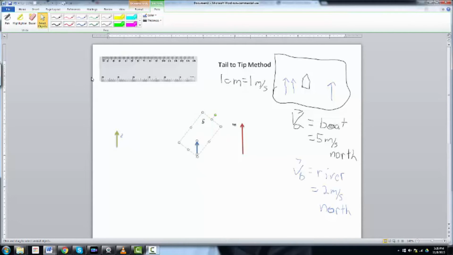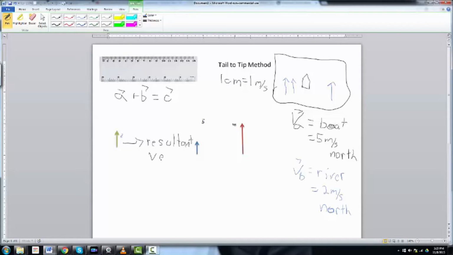So the question that we're about to answer is what happens when you add vector A to B. So if they're both heading north, we're going to try to find out what is my C vector, or what we're going to call my resultant vector.